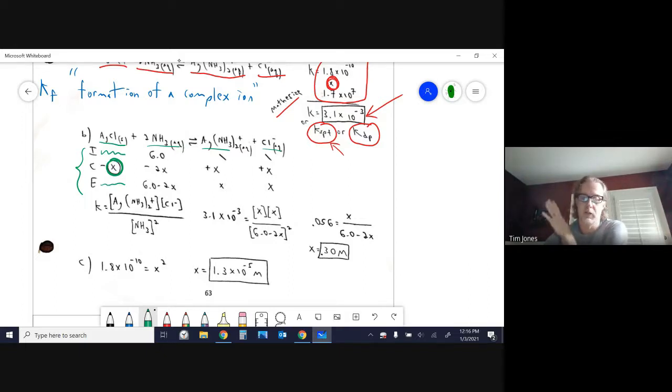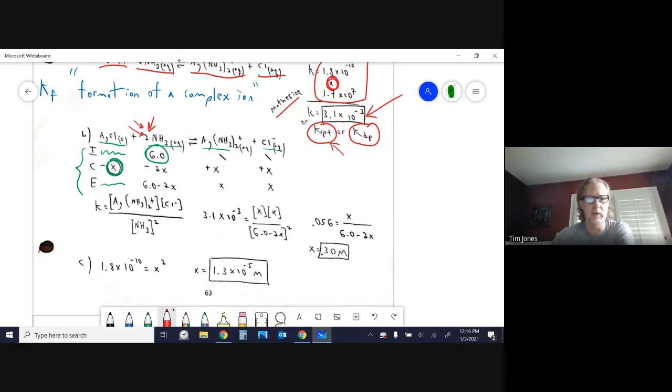Now, this looks a little different than a KSP expression because we are doing this complex ion thing, so that's why it looks a little bit weird. The concentration of ammonia is 6. Students at this point might say, wait, what about that 2 right there? They get all excited about that 2.